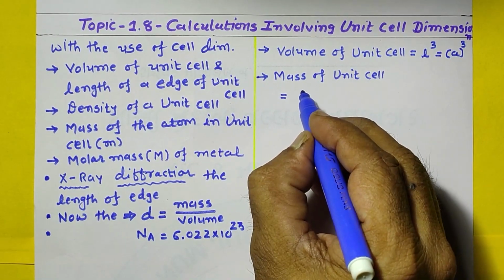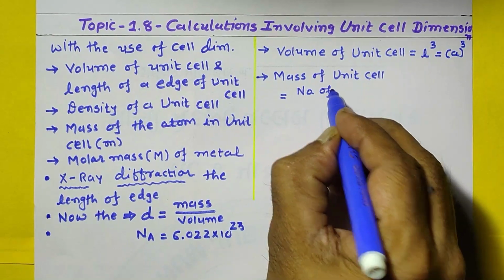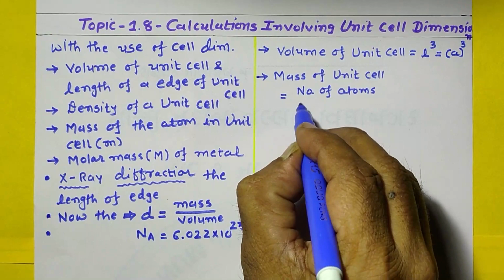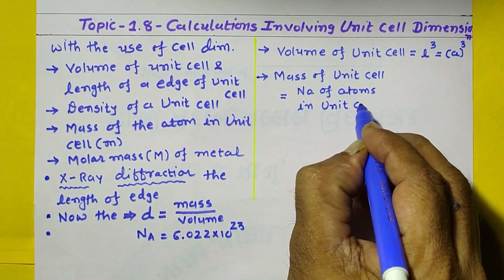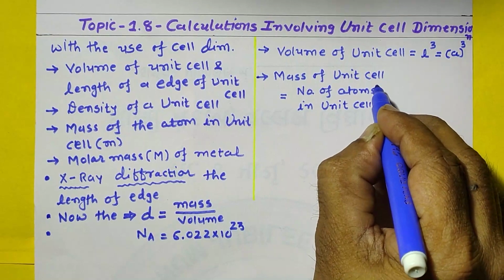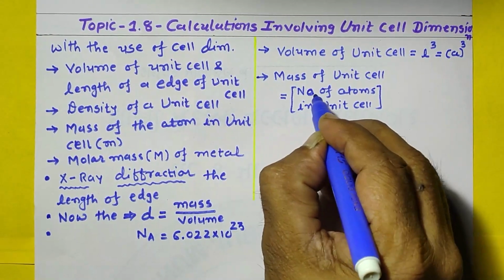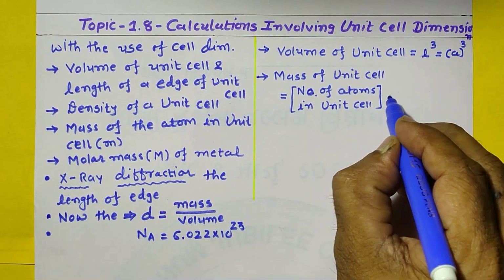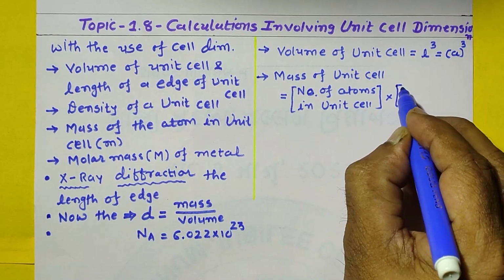Number of atoms in unit cell multiplied by mass of each atom.